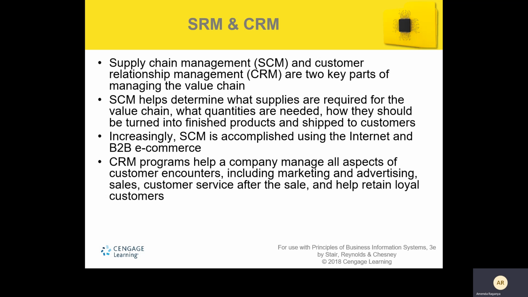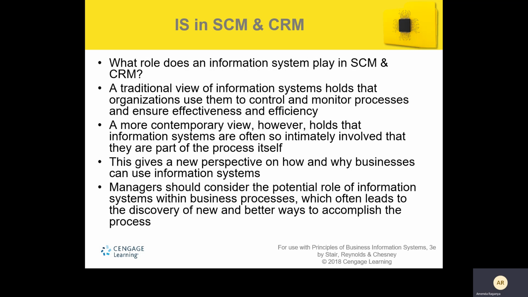It helps determine what supplies are required for value chain, what quantities are needed, how they are turned into finished products, and how they will be shipped to the customers. While the CRM helps the company to manage all the aspects of customer encounters, advertising, including marketing, including sales, including customer service after the sale, and also to help to retain loyal customers. Quite interesting.